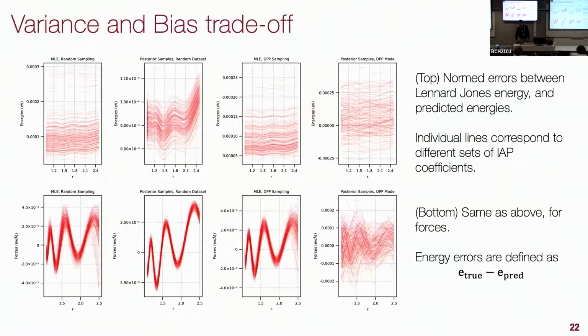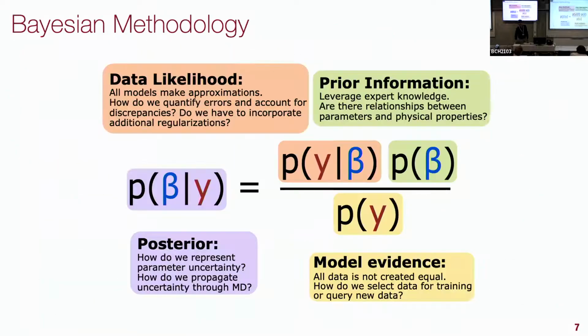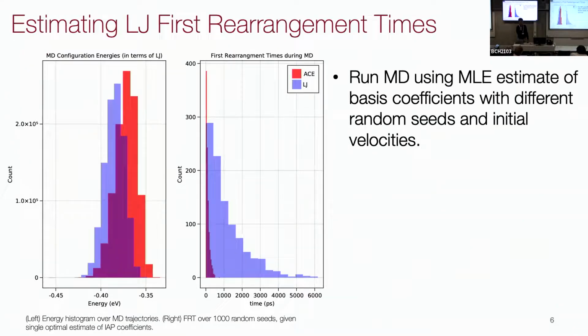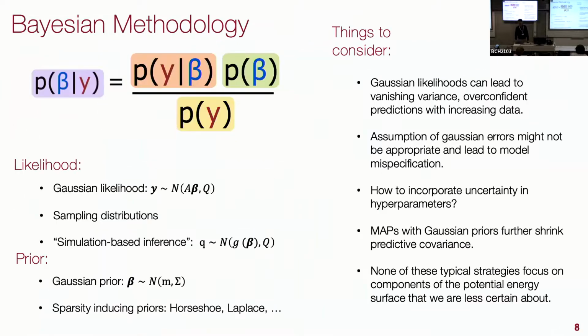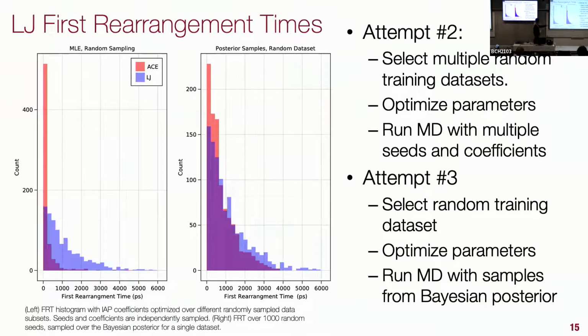On some of the previous slides, for example here, I only sample over the initial random seeds. And here I do sampling over the training data set, so I fit the committee members that way. And here I also do what I described at the end, where I pick one coefficient set and one random seed and run it in each trajectory. So is that it? Yes.